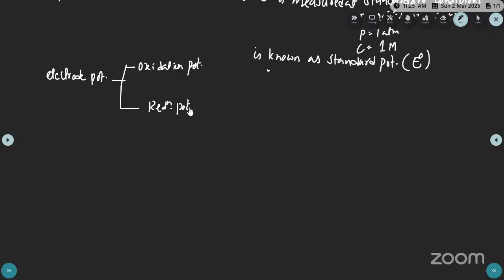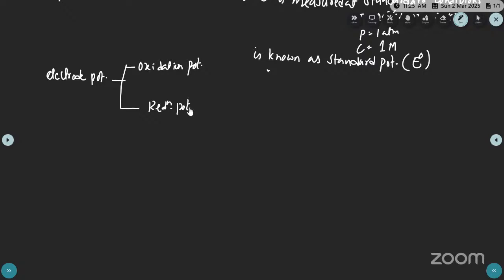And what is reduction potential? The potential of the electrode at which reduction reaction takes place. Means at that electrode, electrons are gained by the ions and get converted into the metal.